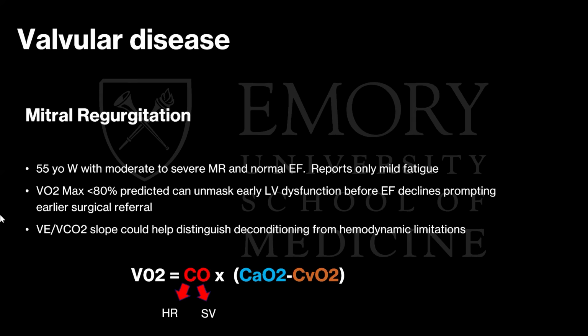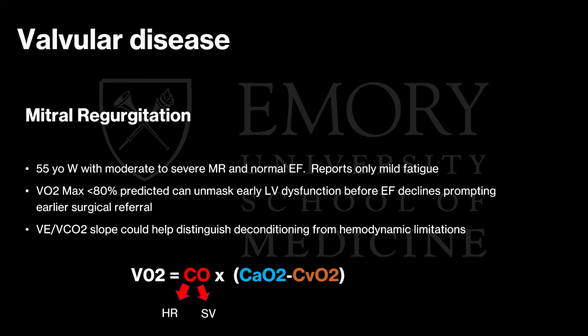And going back to the minute ventilation versus your VO2, that slope can also give you some information. If a person is just deconditioned, that slope would be normal. But if they have hemodynamic limitations, with stroke volume going in the wrong direction, the slope will be abnormal and their VO2 max is low.